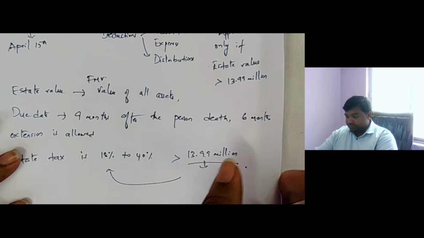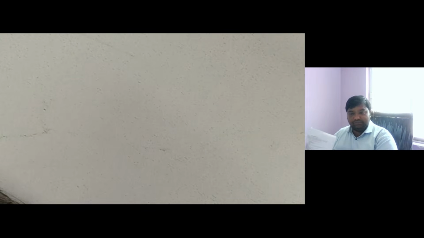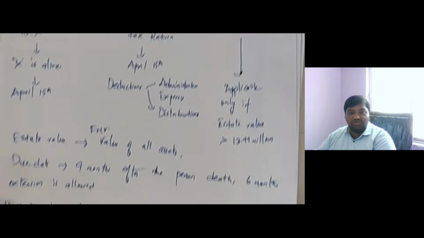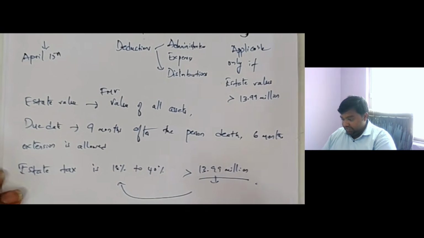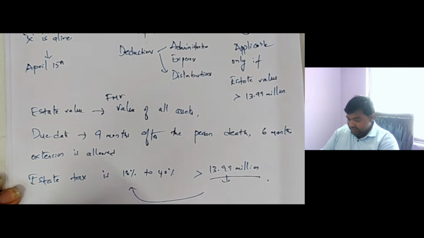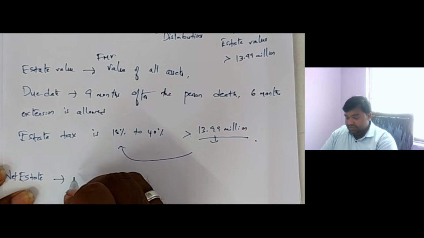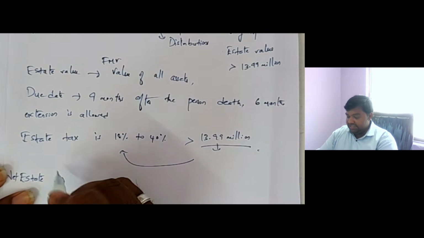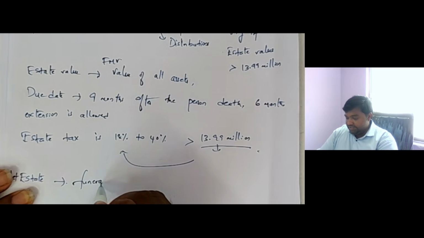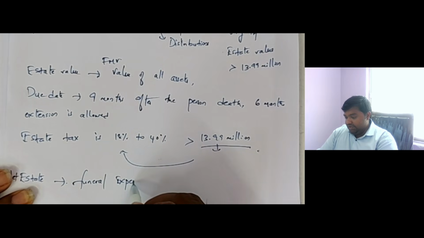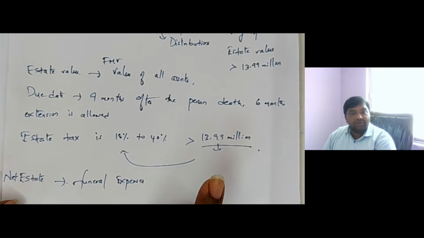Fine. These are your estate taxes. Now there are some concepts which you should know. While calculating the net estate value to arrive at the taxable estate, some deductions are allowed. The first deduction is funeral expenses, which you can deduct from your gross assets.